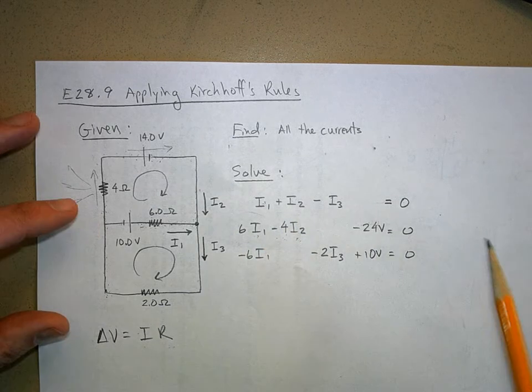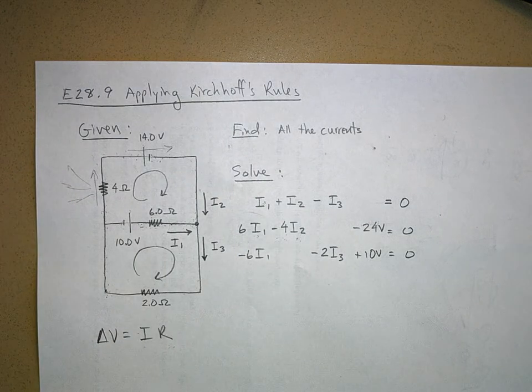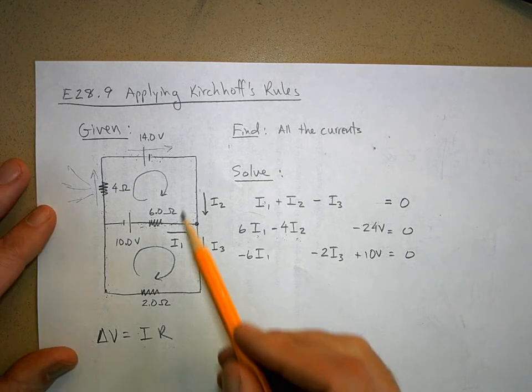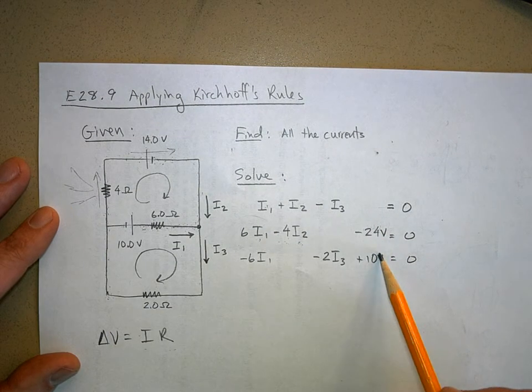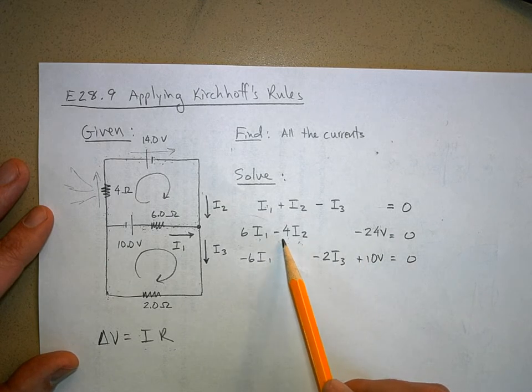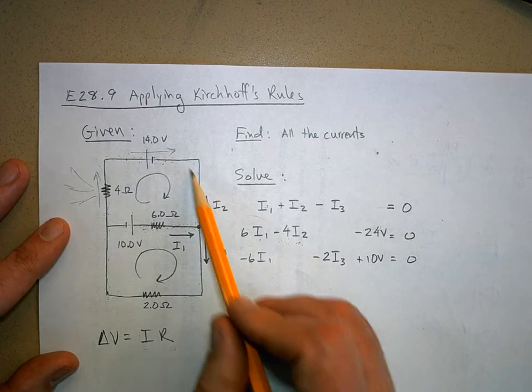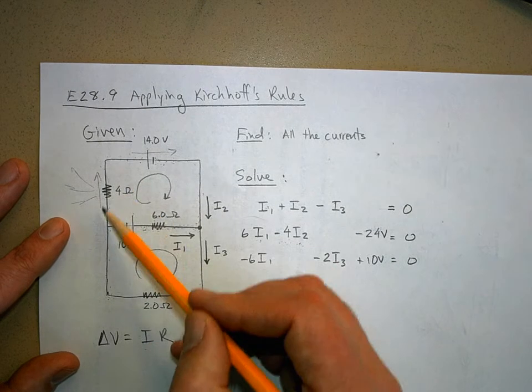If you go clockwise versus counterclockwise, it's the same equation, except you've multiplied both sides of the equation by -1. Instead of going against the battery, we would have been going with the battery. So this would have been positive 24 volts. And instead of this being negative 4I2, since we're going against I2, we're swimming upstream, so it would have been a voltage gain as we went from here to here.